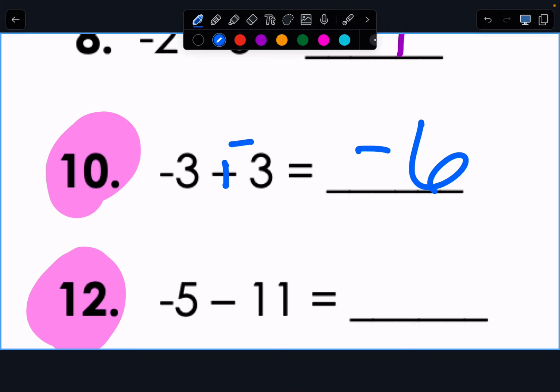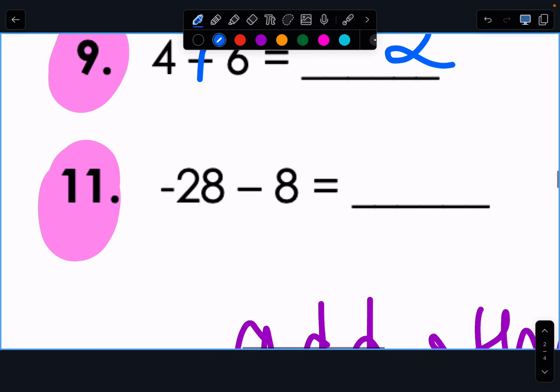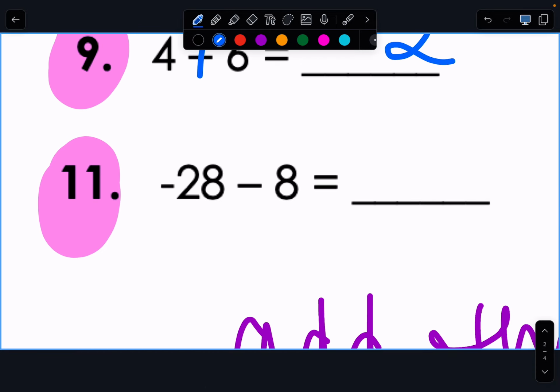Okay. All right, Jacob Tanner, what about this number 11? Did you make the marks for add the opposite? Okay. So when we add the opposite, we have -28 plus -8. Okay, so Jacob Tanner is changing his answer to -36.